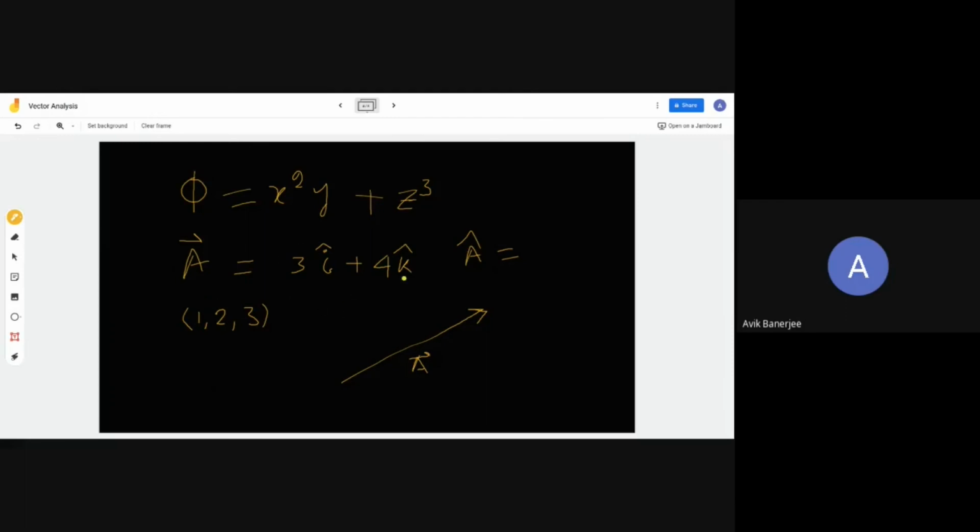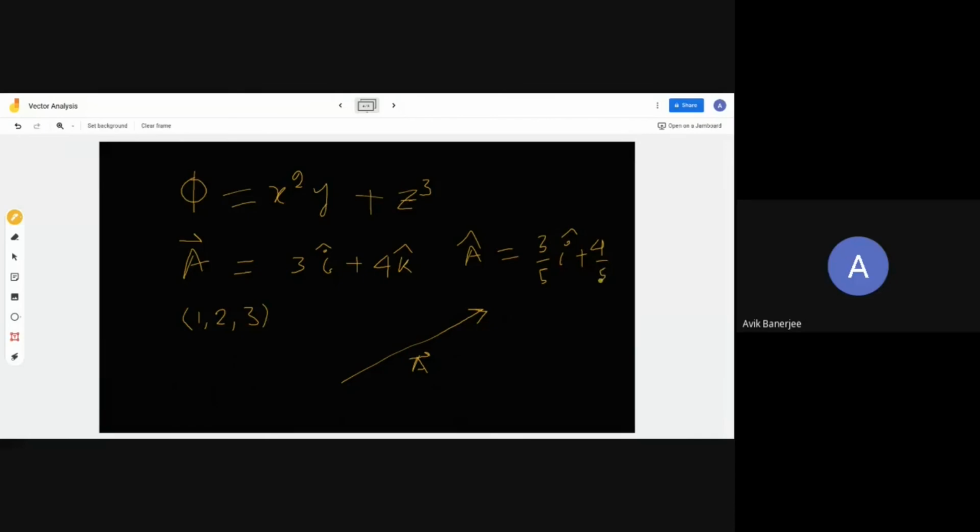So what is the magnitude of a vector in this particular case? 5. So a cap is 3/5 i cap plus 4/5 k cap.